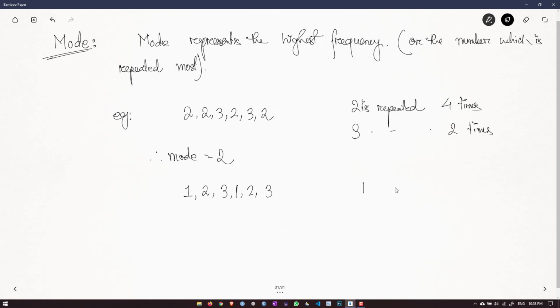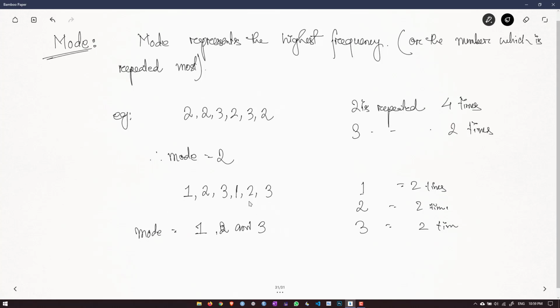So in this case 1 is repeated 2 times, 2 is repeated 2 times and 3 is also repeated 2 times. So we cannot identify one which is repeated most number of times, because everyone is repeated equal number of times. In such a case, mode will be 1, 2 and 3. That means all of them will be mode.